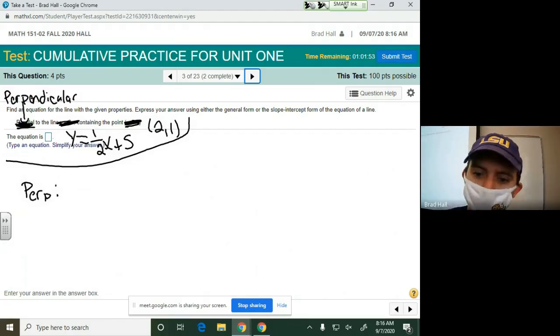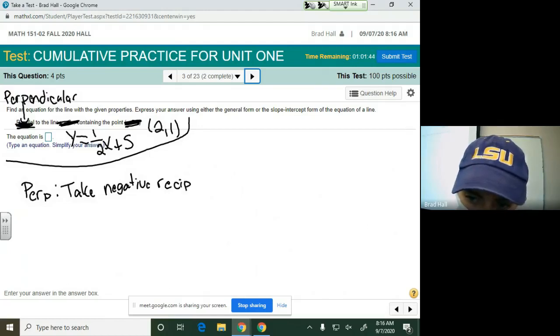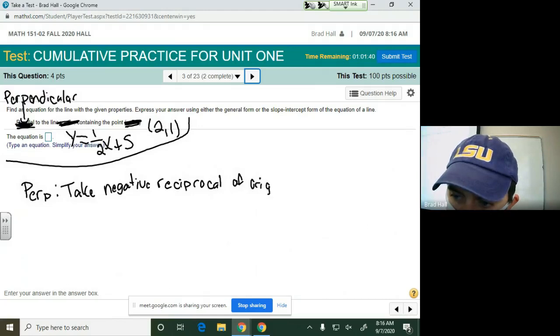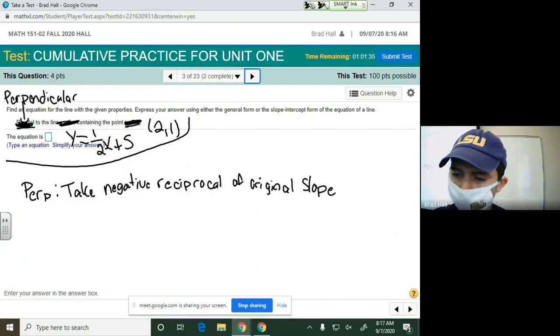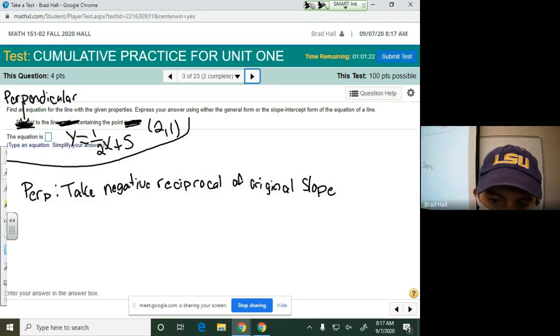Now, whenever you see perpendicular, it means take the negative reciprocal of the original slope. So naturally, you want to figure out what the original slope is of the line that is given.